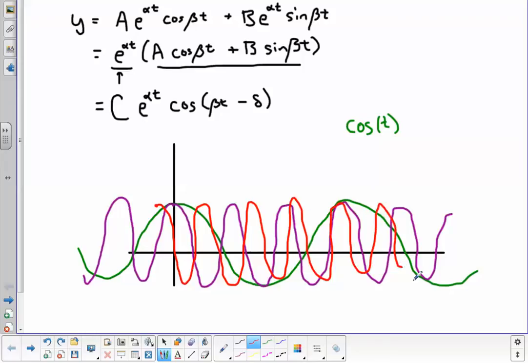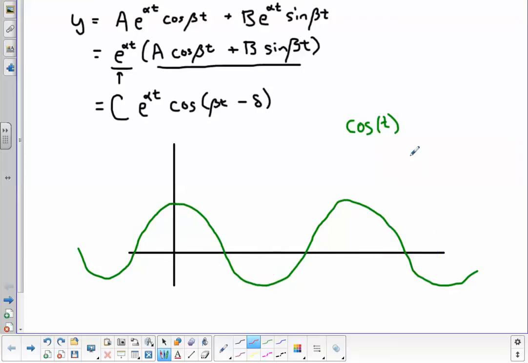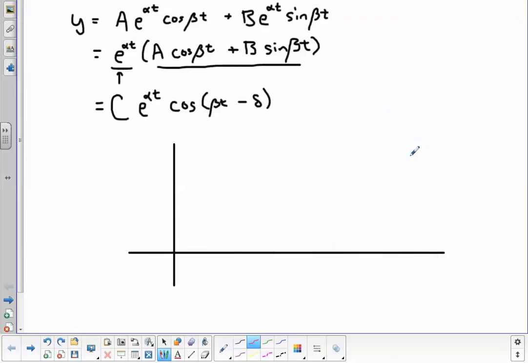Okay, and my picture's getting terrible as I do this on the mouse for the screen. But yeah, so now if I sort of redraw my picture from the very beginning, it's going to be a cosine that oscillates at some frequency that's based on the beta, and where it starts in its up-down cycle is based on the delta.